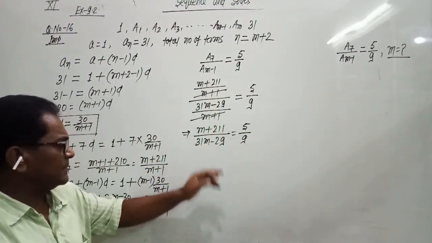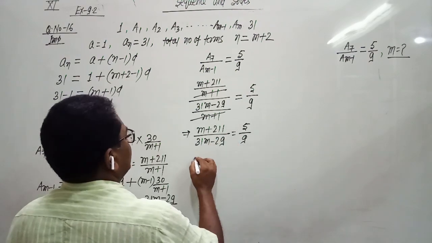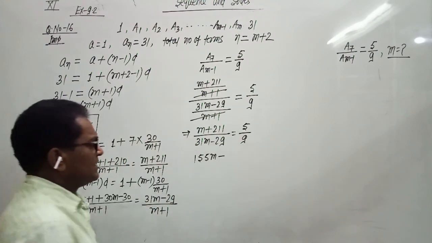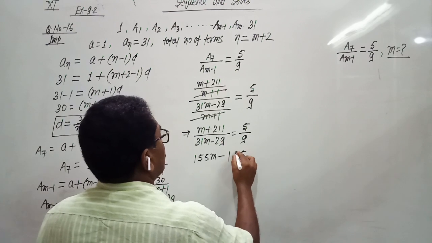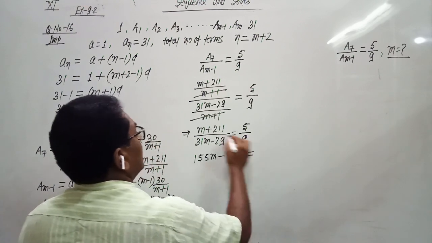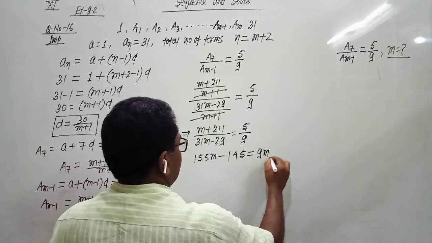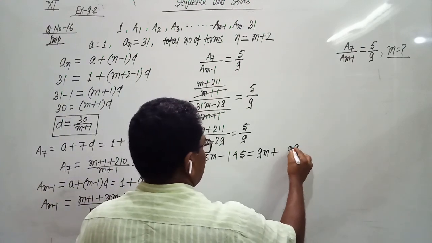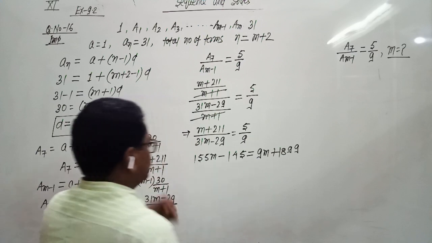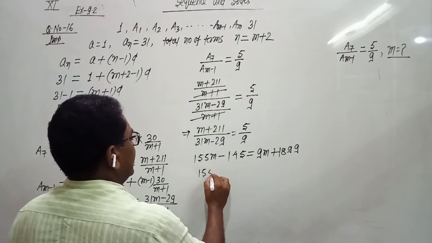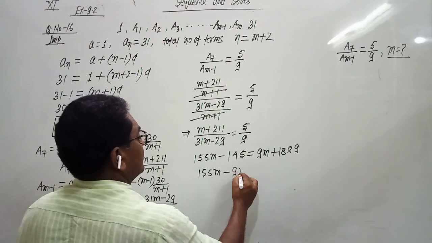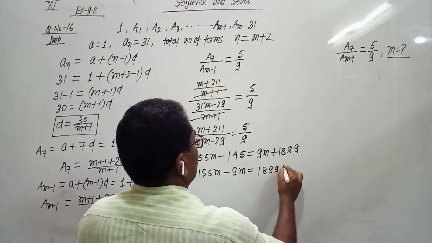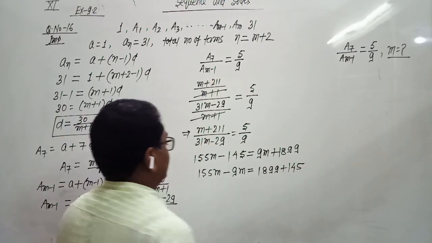Then we cross multiply. 31 into 5 is 155m, minus 29 into 5, 145, equals 9 into m, 9m, plus 9 multiplied by 211, 1899. So 155m minus 9m equals 1899 plus 145.